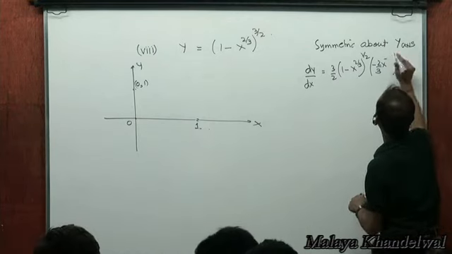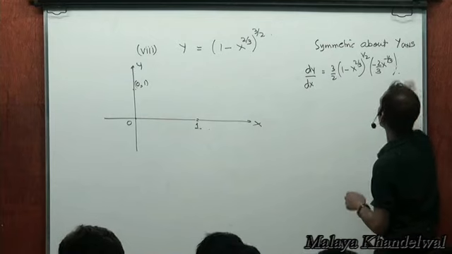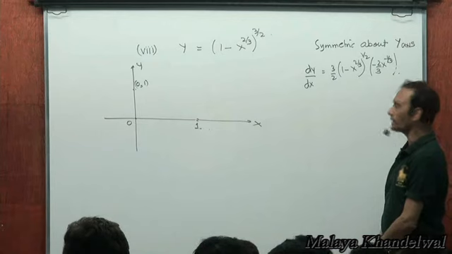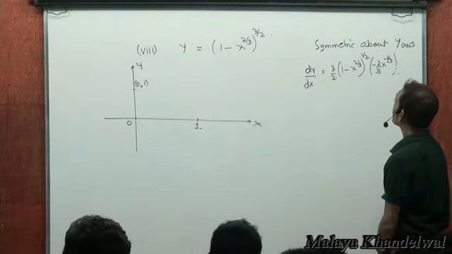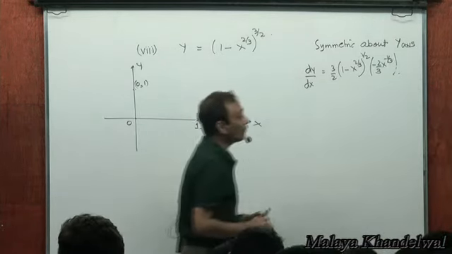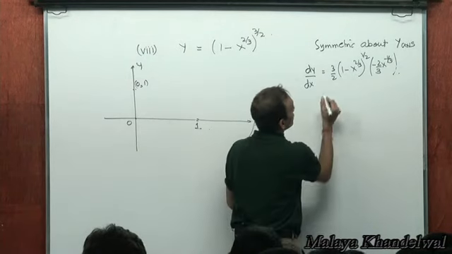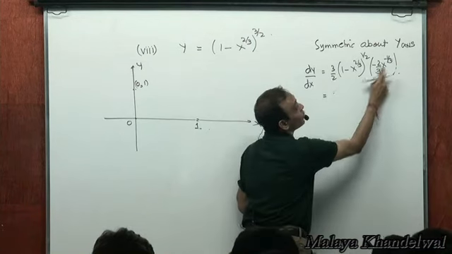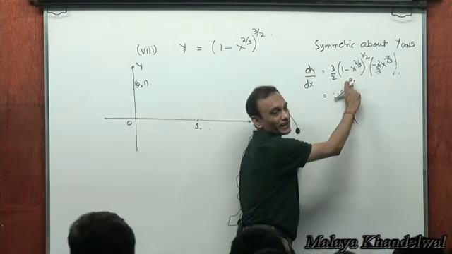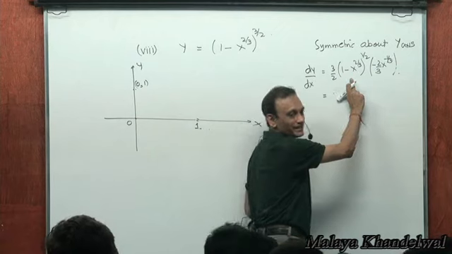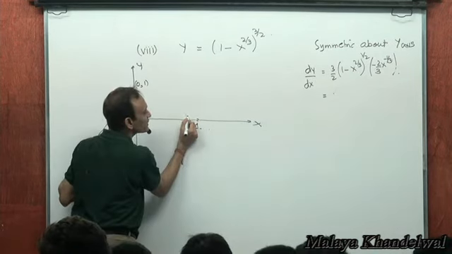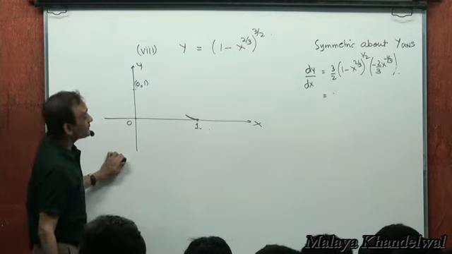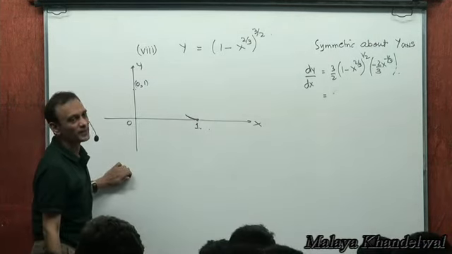Sorry. Right, this is what I get. Now, at x equal to 1, dy/dx is becoming 0. So would you realize that at x equal to 1, it's going this way? And that's the only value of x where dy/dx is becoming 0.